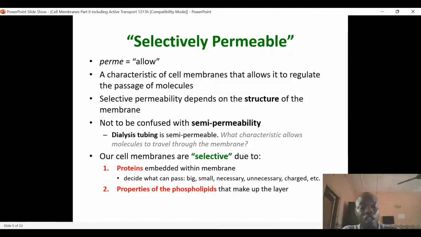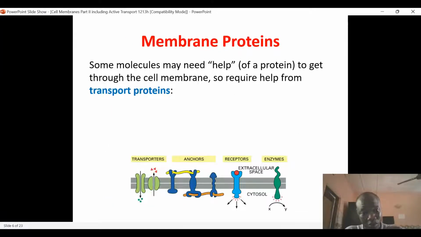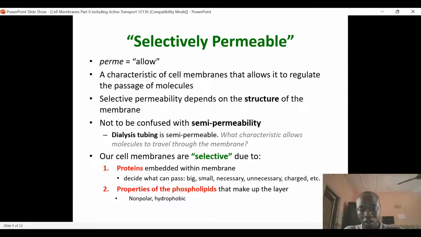And then second, the properties of the phospholipids that make up the layer of the cell membrane. It can be non-polar and it can be hydrophobic. So these are the two things that give the cell membrane the decision of whether it will allow the material to get in or not. Ladies and gentlemen, you have to get this point very clear.